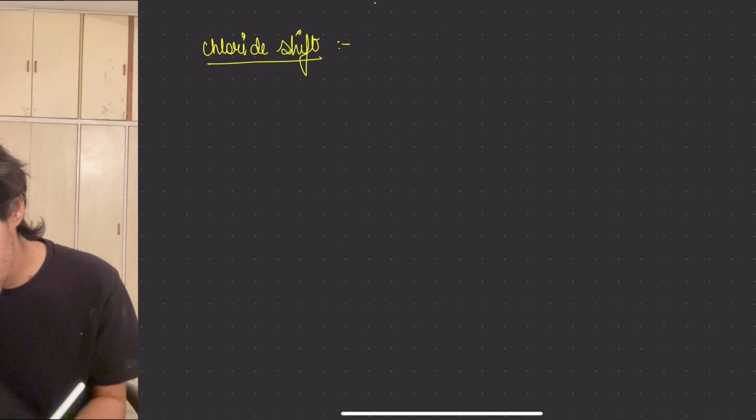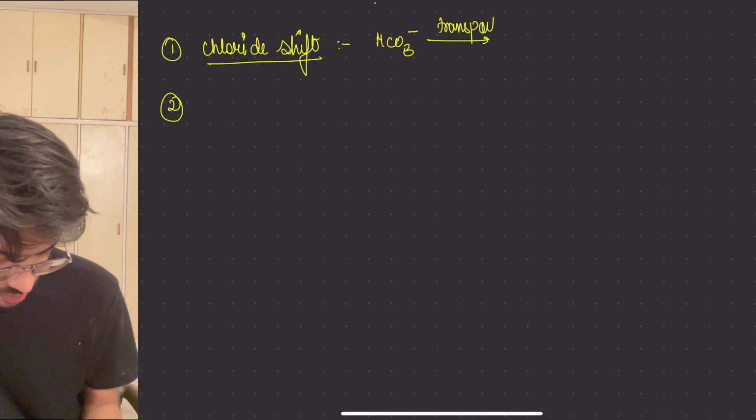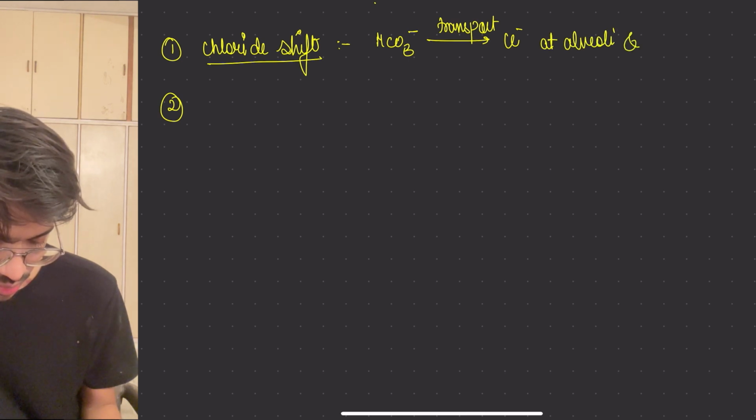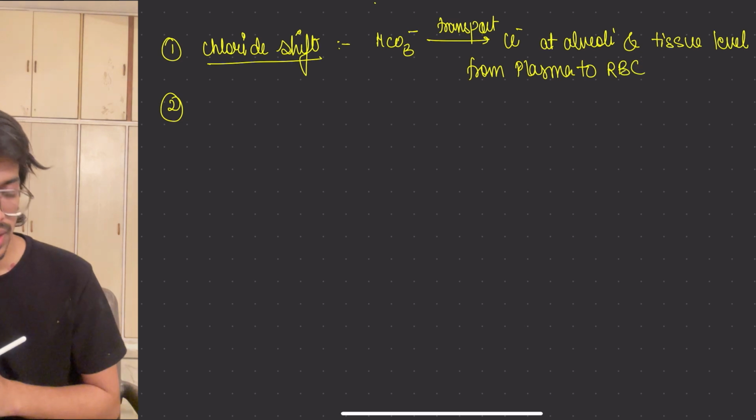So the chloride shift is the HCO3 negative transport with chloride, at tissue or alveoli level, between plasma and RBC.